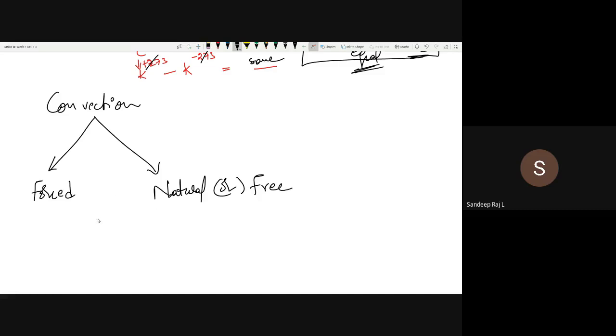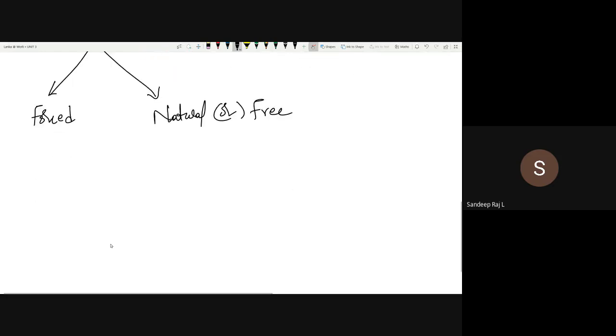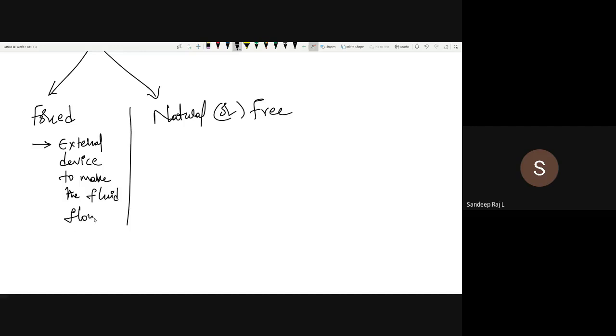In forced convection, you make use of an external device to make the fluid flow. It flows because of some external device or external force. Whereas in natural convection, the flow is because of natural forces.